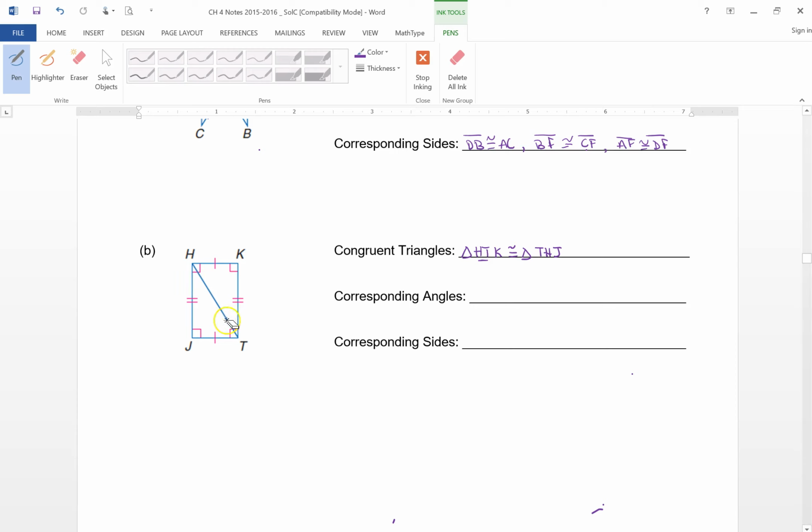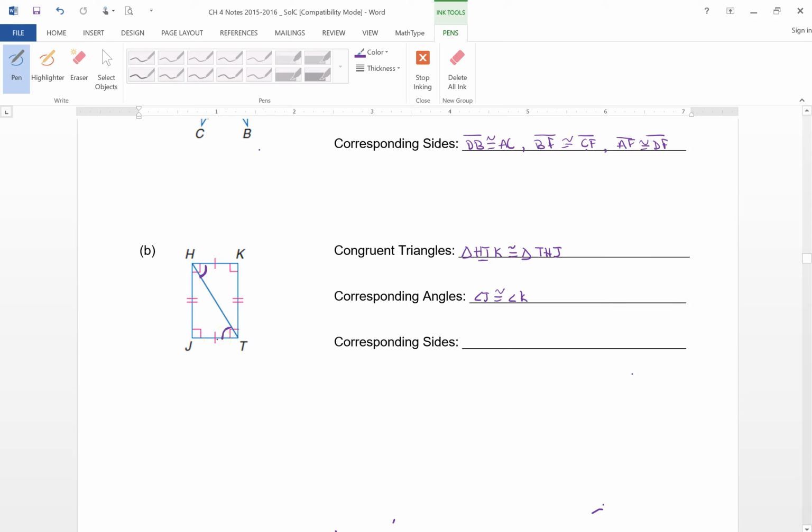We know that angle J is congruent to angle K. Well, they're not all congruent to each other. Okay? So I know, for example, that this one, look at this one. This is between the side with one tick mark and the diagonal. The angle that's between the side with one tick mark and the diagonal is this one.